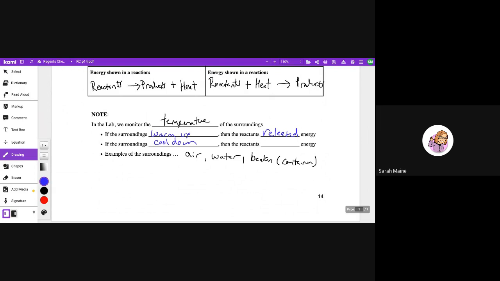It becomes 19, 18, 13, 10 degrees Celsius. If that happens to the temperature of the water, then that means that the reactants absorbed and took heat away from the surroundings. So the reactants absorbed the energy. I'm just going to say that the last part is where we need to do a little bit of practice to help us really master that idea.